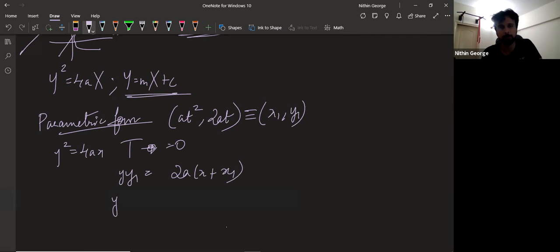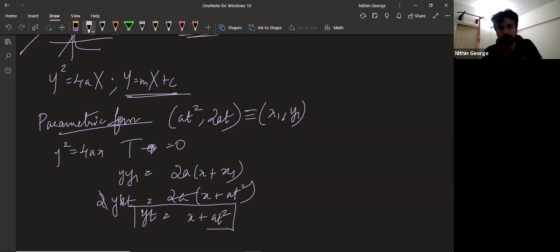So replace y1 with 2at and x1 with a t square. So 2a will cancel out. You get yt equal to x plus a t square. This is the equation of the tangent. And there is an important takeaway here: the slope of the tangent will be 1 by t, and hence the slope of the normal will be minus t.